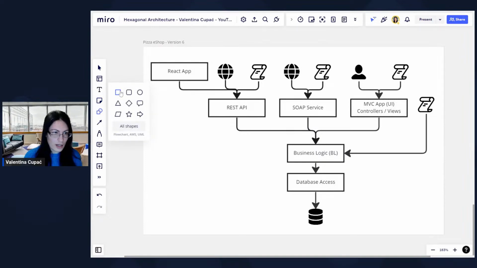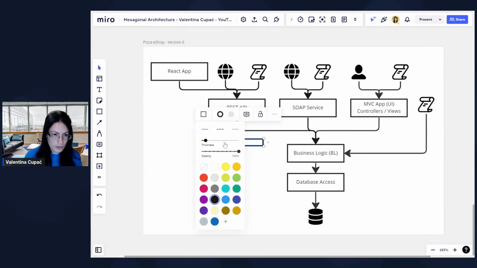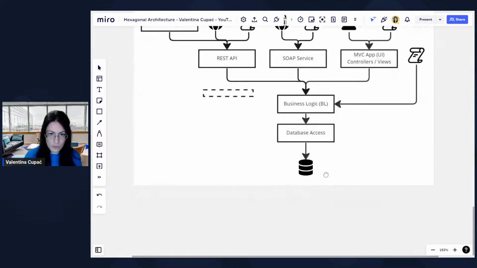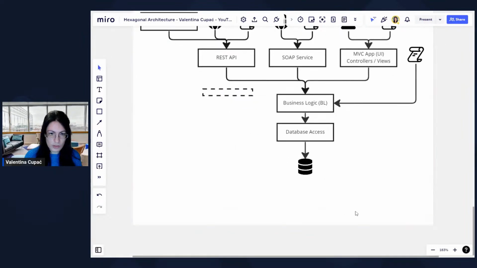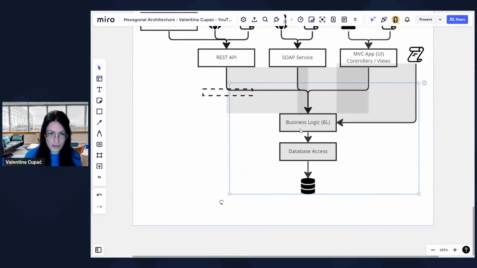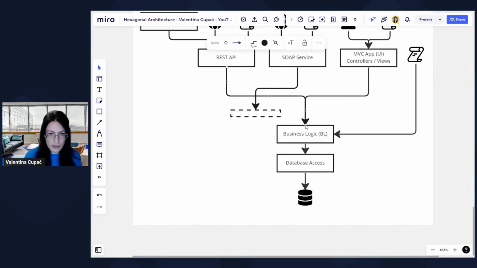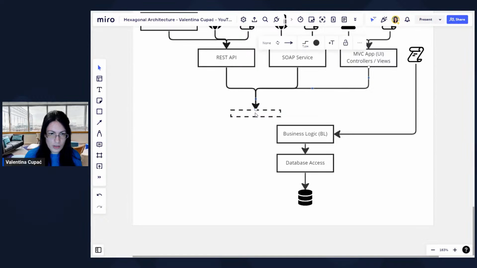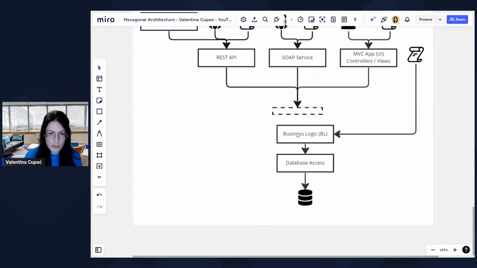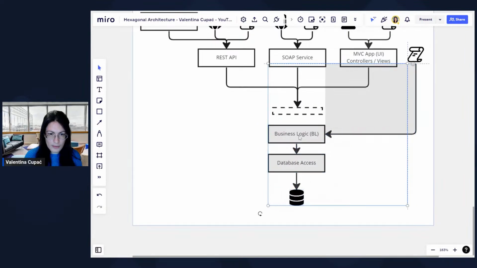And here I'm going to be introducing some kind of an interface. So I will label it in this way, and let me just move this down so that we have space. Okay, so what's going to happen is that essentially all of these will be referencing some kind of API.